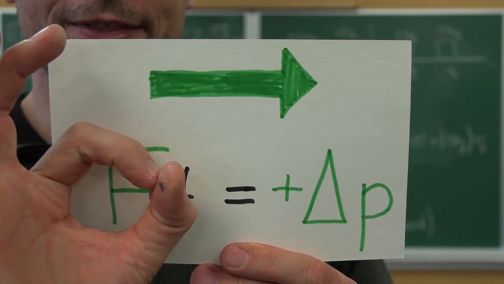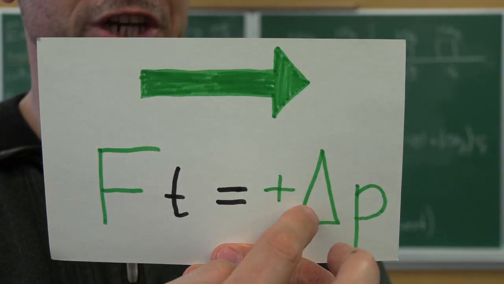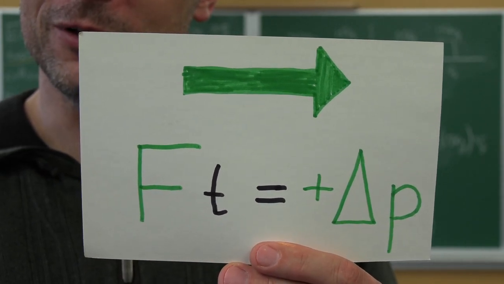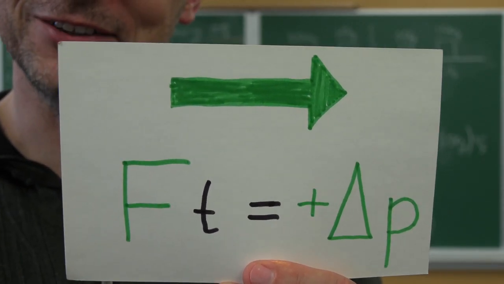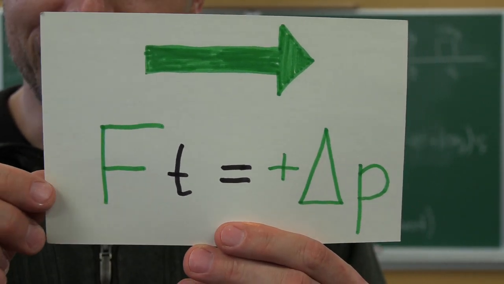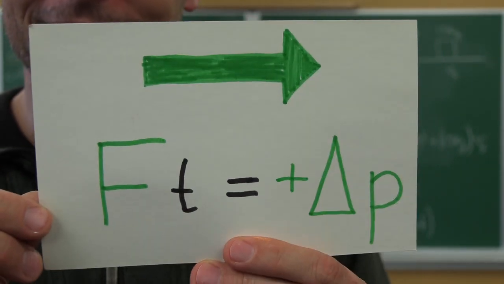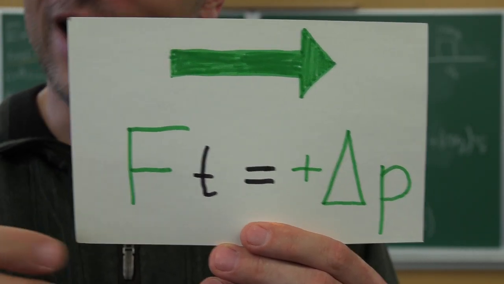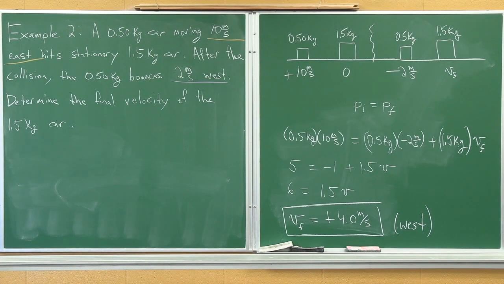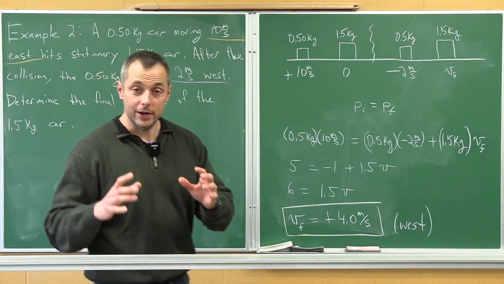And zero on this side, therefore, means that the change in momentum is zero. What does it mean if the system's momentum is not changing? It means Pi equals Pf. So really, you only need this one main idea, and it implies Pi equals Pf if there's no impulse on the system. All right, so hopefully you know how to do this.